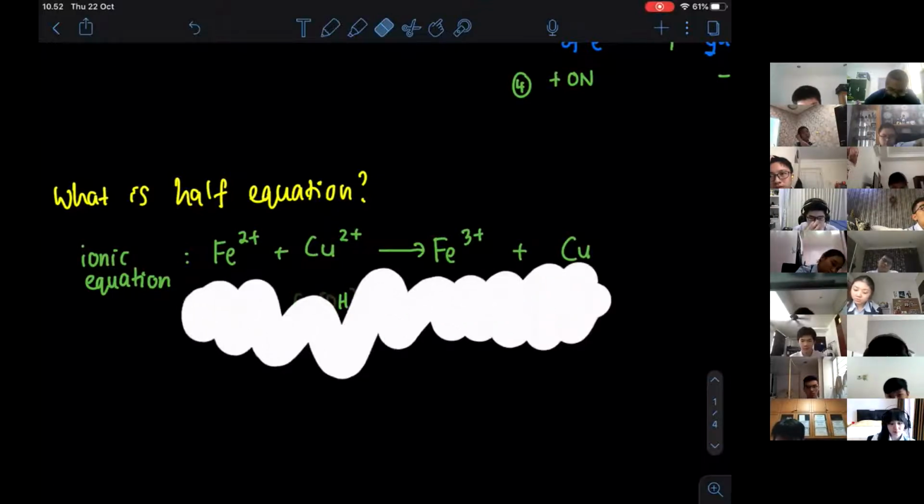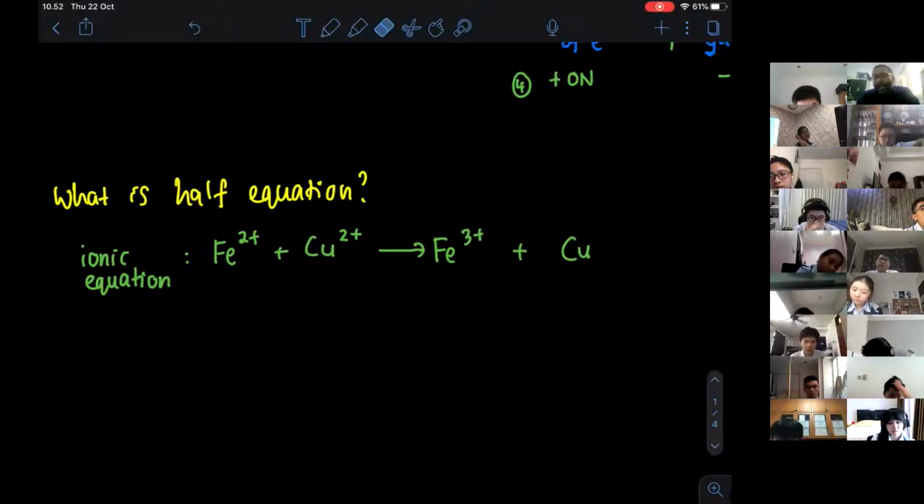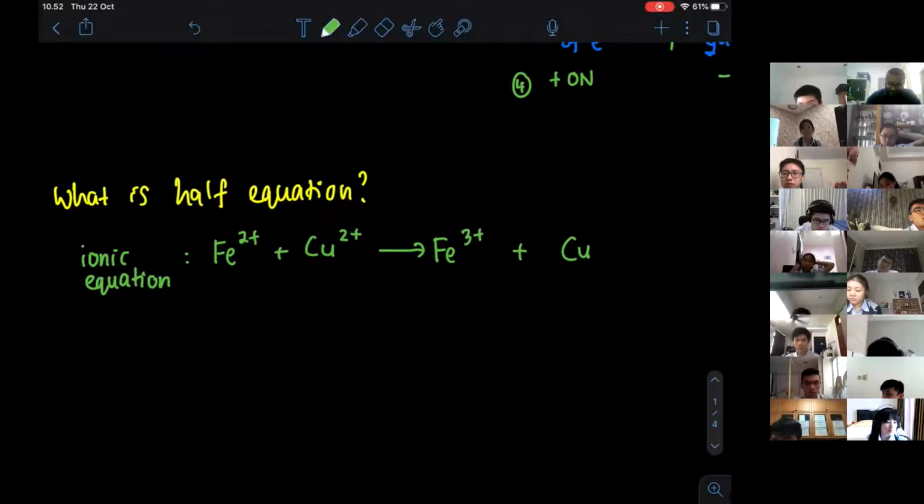I'll skip this part. Basically, what I wanted to show you over here is that this is a combination of two half equations. I'll write down the half equation for you.